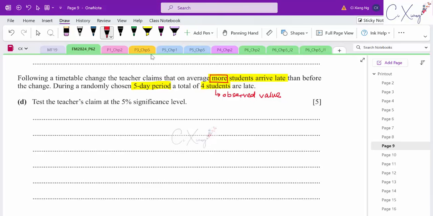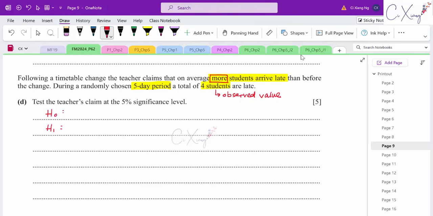Alright, so we actually want to run a test for this question. First of all, I need to set up the null and alternative hypotheses. Then they are talking about the students who arrive late, without looking at either girls or boys.